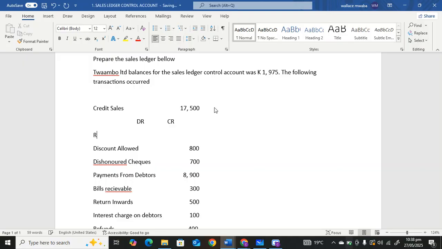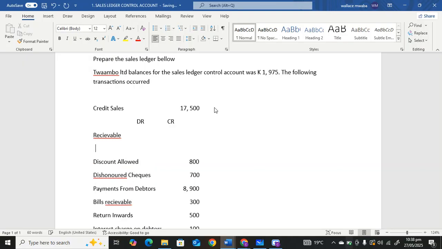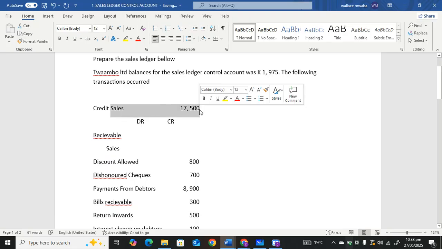Yes, you debit the receivable. And what do you credit? You credit sales, yes. So from here, where do you think the credit sale is going to go in the control account?